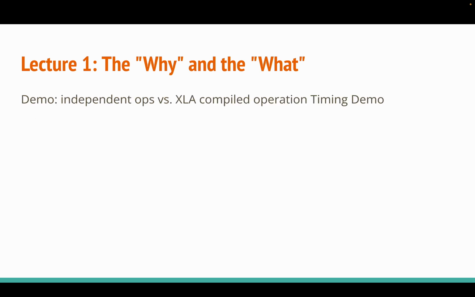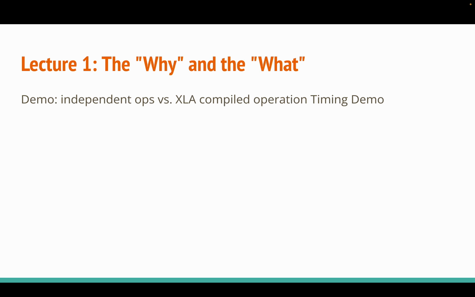Now we have discussed why we need PyTorch XLA and what it is. During our lecture, I keep mentioning that one of the major reasons why the compiled version of an operation is more performant than the uncompiled operation is that it fuses many small operations into a large fused operation.